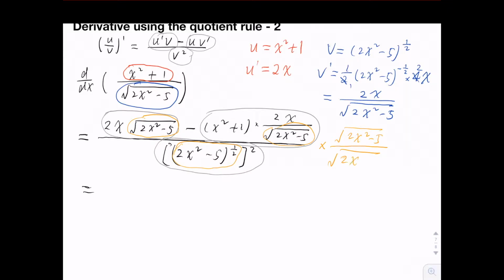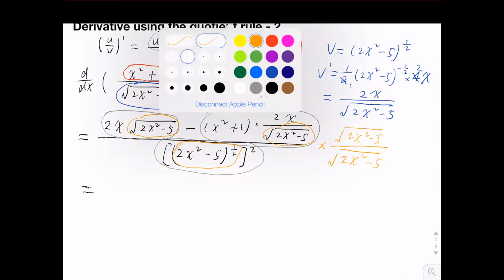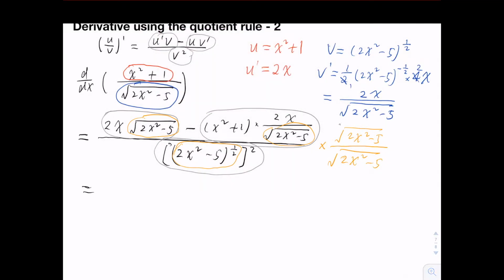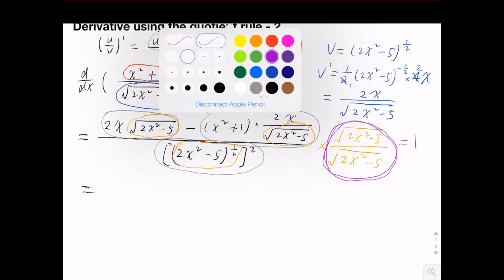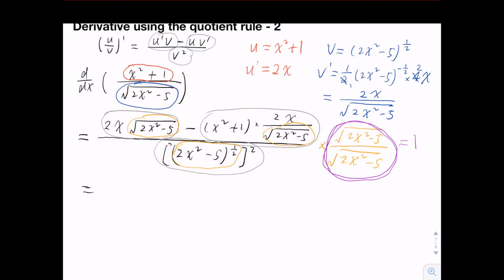Why is this allowed? Do you know why? Because this whole thing I multiply by is actually equal to 1, so it makes no difference. I still keep the same question, but once I multiply by this square root of 2x squared minus 5, it's going to make a huge difference to my fraction. It will become magically simple. So let's see what happens after multiplying.